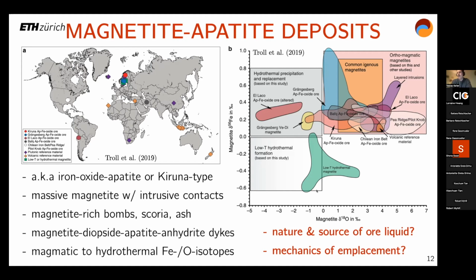But really what this plot indicates is that these different deposits found all around the world bear indicators of a common origin. However, that origin is by no means clarified, because whatever the nature and source was of that stuff that got emplaced as magnetite is very debated. And depending on what people believe that original ore liquid to be, the mechanics of emplacement can become a very tricky problem as well.